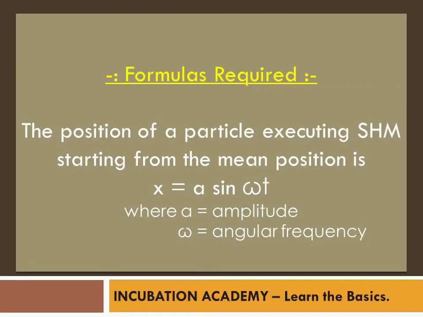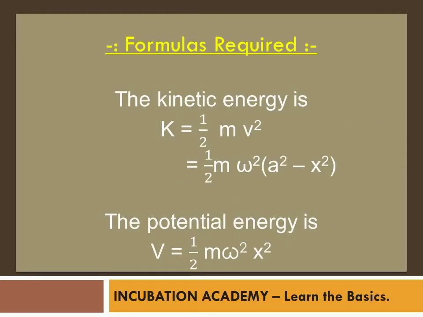So we have obtained that the position of a particle is x equal to a sin omega t, where a is the amplitude and omega is the angular frequency of the particle. The kinetic energy of a particle in SHM is half m v square, and the potential energy is half m omega square x square.